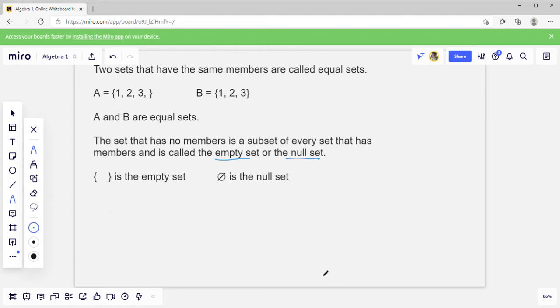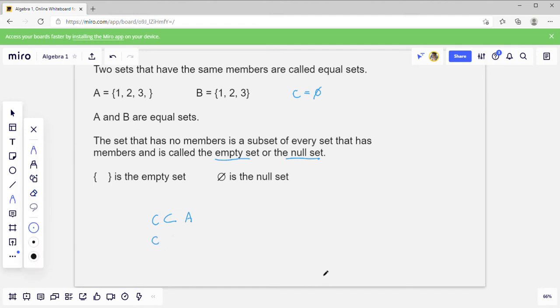So that means that our null set, let's say that we have A, B, and then we have C, is the null set, no members. We could say C is a subset of A, and C is a subset of B. Oh, that looks terrible, my symbol. All right.